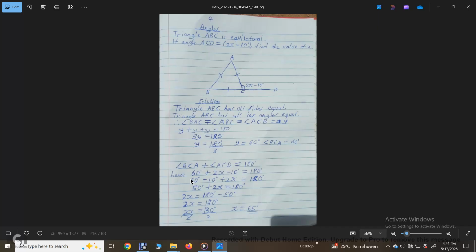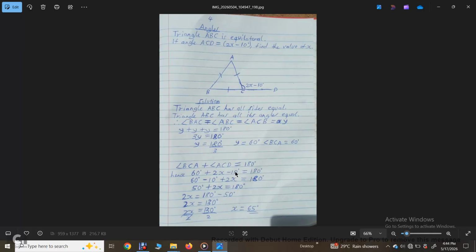Hence, 60 degrees plus angle ACD, which is equal to 2x minus 10 degrees. So therefore, 60 degrees plus 2x minus 10 degrees is equal to 180 degrees. Now, you want to find x, so you have to group like terms.